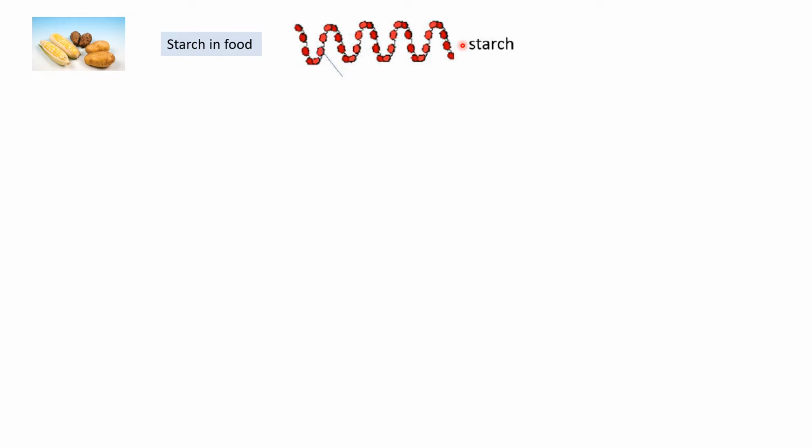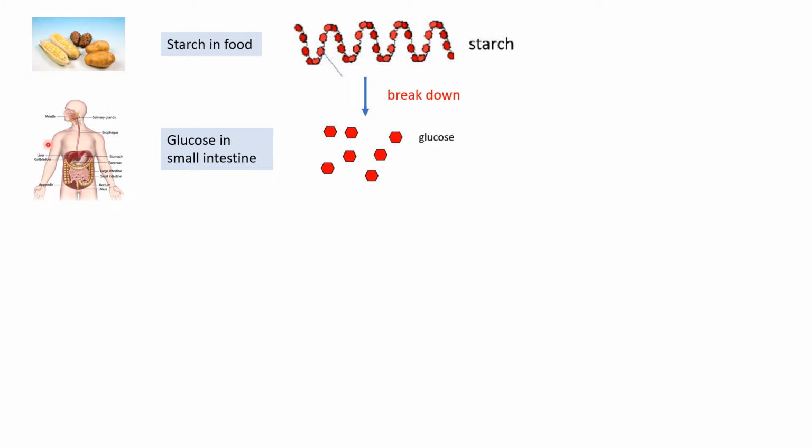So I hope you have paused. So I'm going to start now. The starch is such a big molecule that our body cannot absorb it directly. So our digestive system would break down the starch back into the smallest basic unit, the monosaccharides, in this case the glucose.